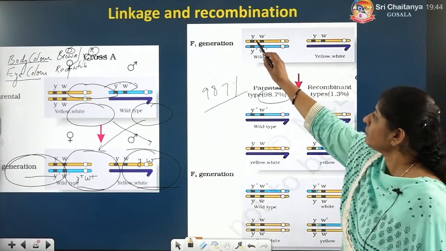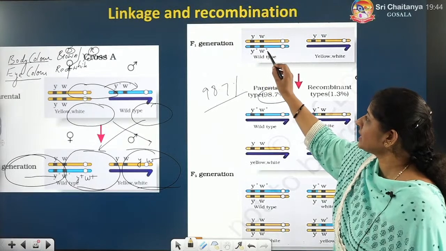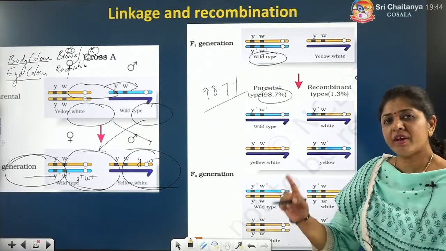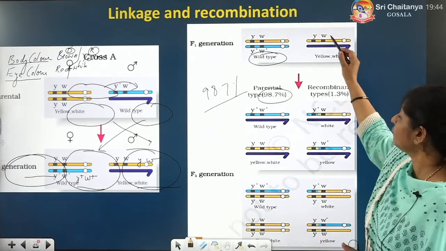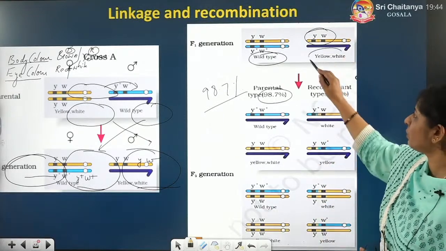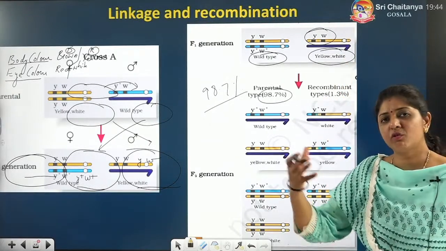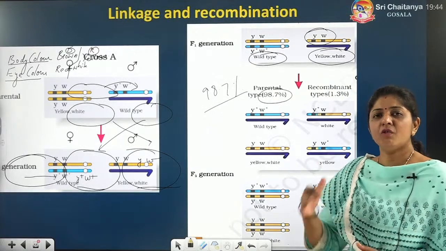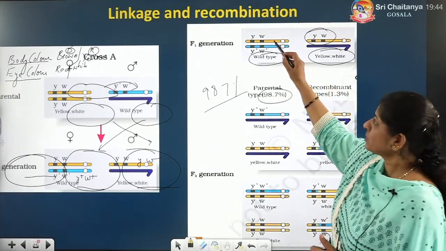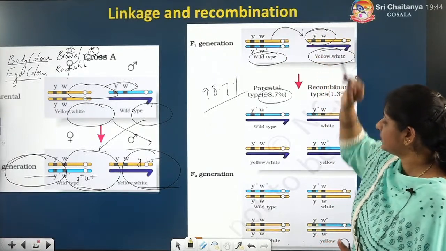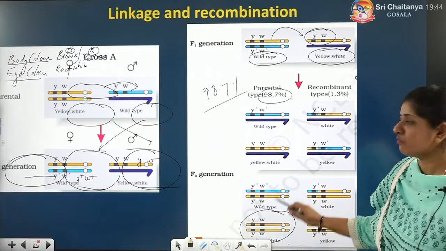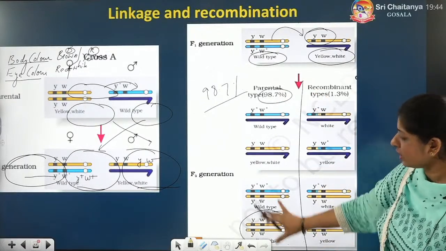Fine. How does it come? See here, if this and this, it is Y plus and W plus. Can I call it the wild type of the F1 generation? And here for F1, male is Y and W, what you call the yellow and white phenotype. Such type of Drosophila you will find in nature for the F1 generation for the males. Now suppose this X with this X, can I say this female you will get? Now focus only right now on this column.